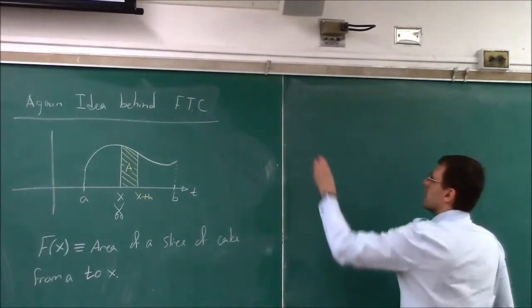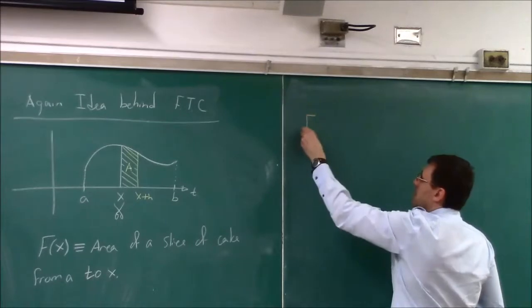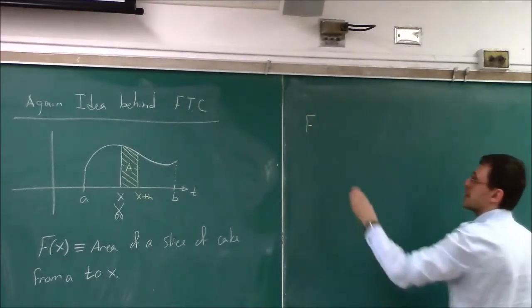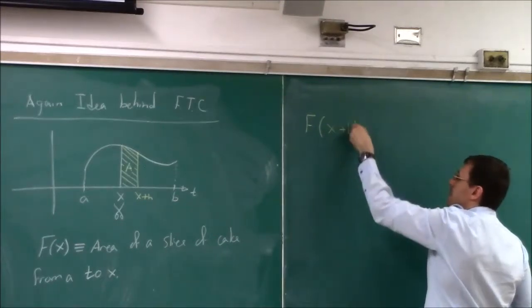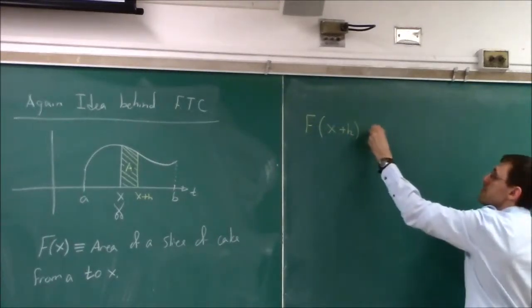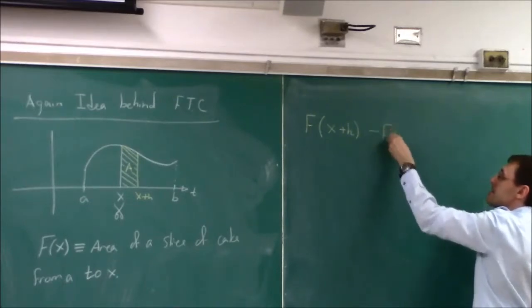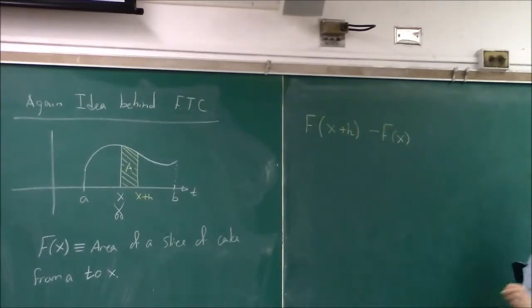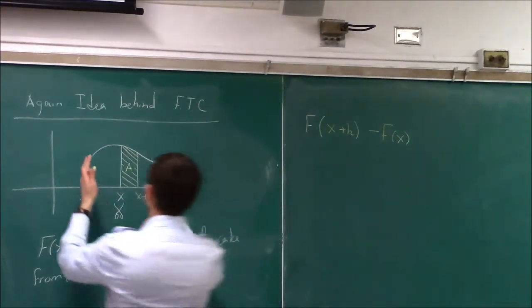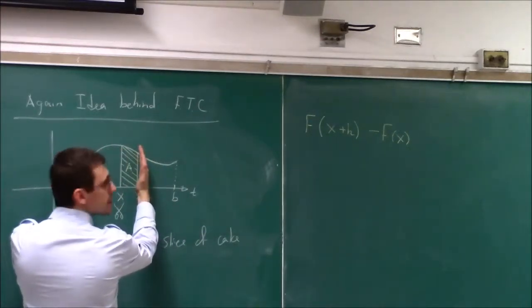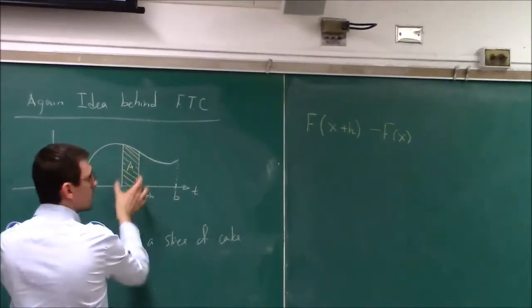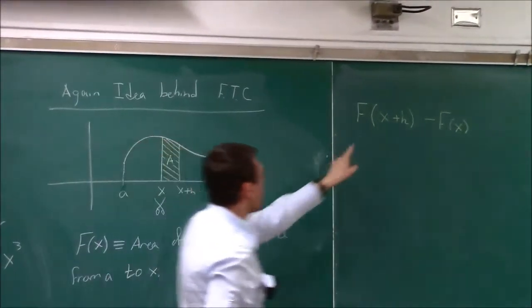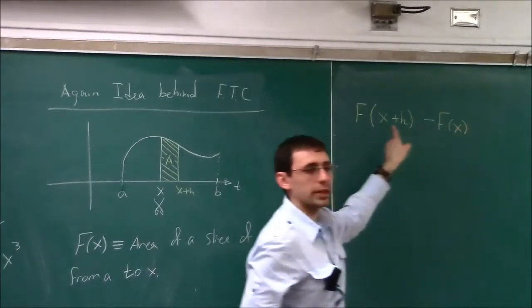Exactly. So in terms of the cake slicing function, this is simply capital F of x plus h minus capital F of x. Correct? So in other words, this is saying take the slice from a to x plus h, subtract from it the slice from a to x, and that gives you this difference. Now, what does this formula begin to look like?